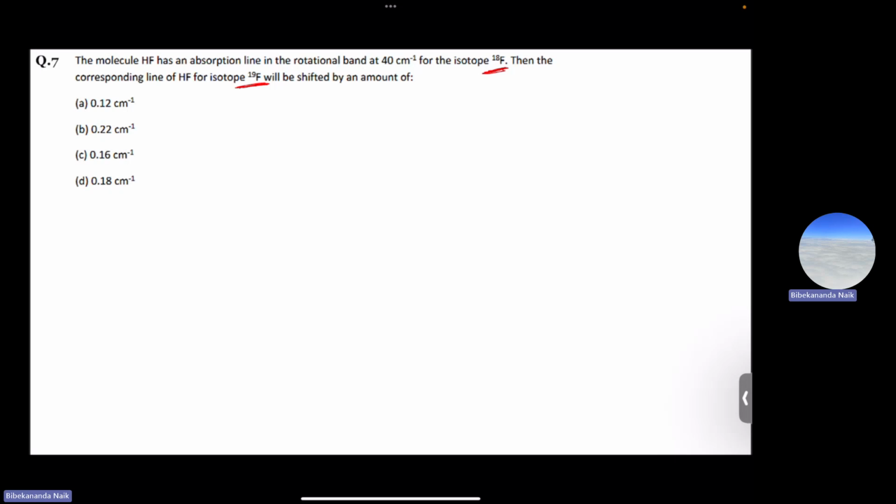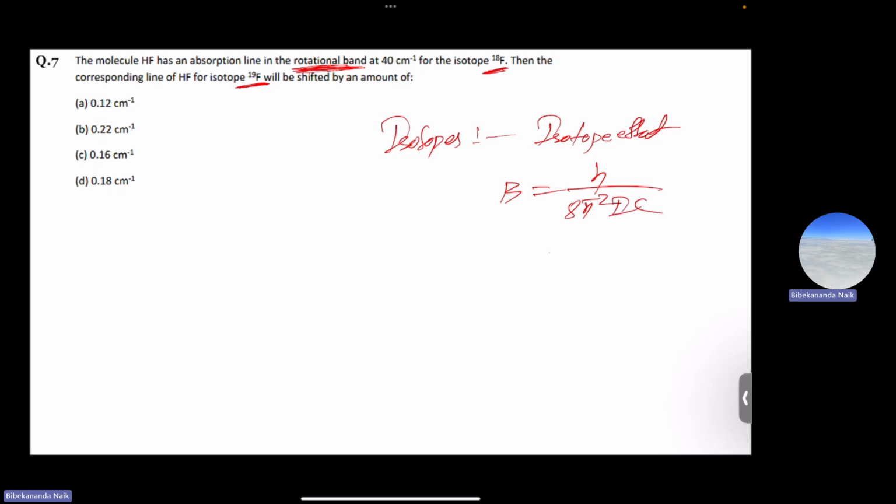So again, this question is related to the rotational band. Since there are isotopes, this question is related to the isotope effect. And what is the isotope effect? The rotational constant, whose expression is h by 8 pi square IC, is inversely proportional to I, which contains the reduced mass.